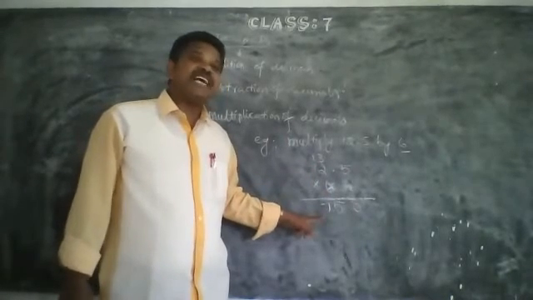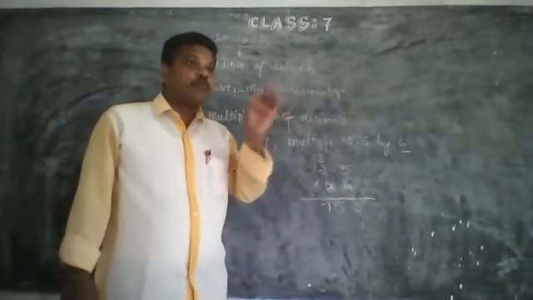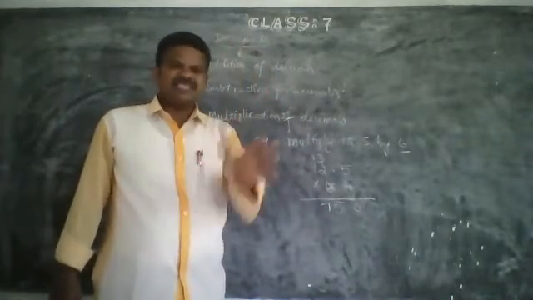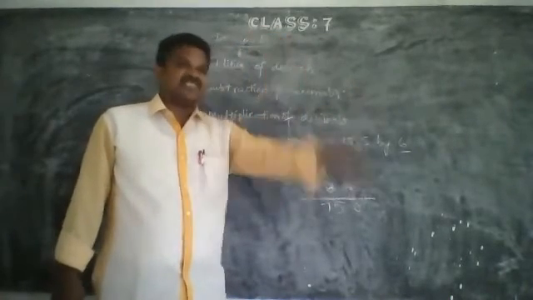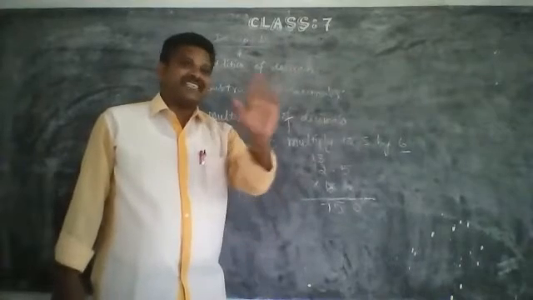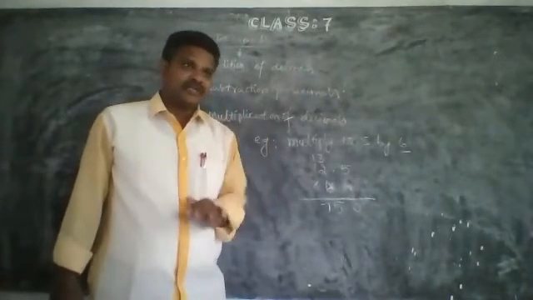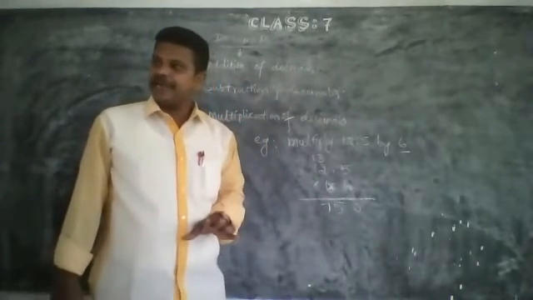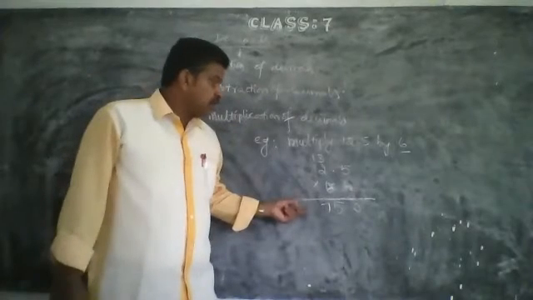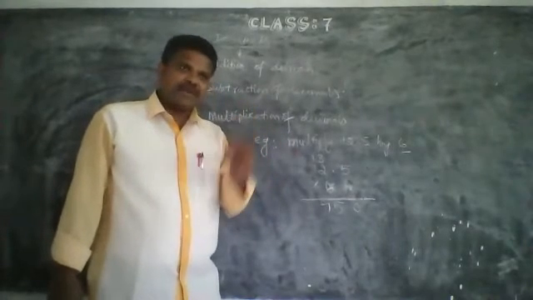The result obtained in the multiplication is called the product. All this you learned in the 4th and 5th classes, but I am reminding you, that's it. That is not a new thing to learn now.